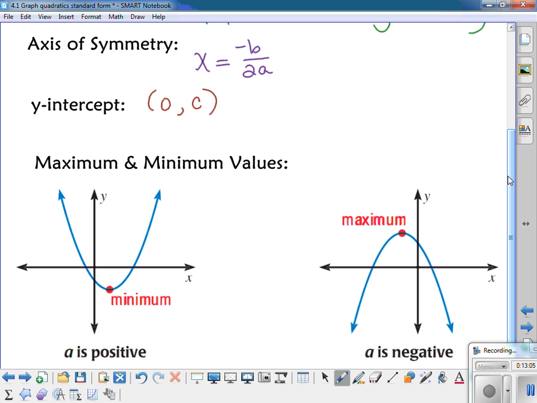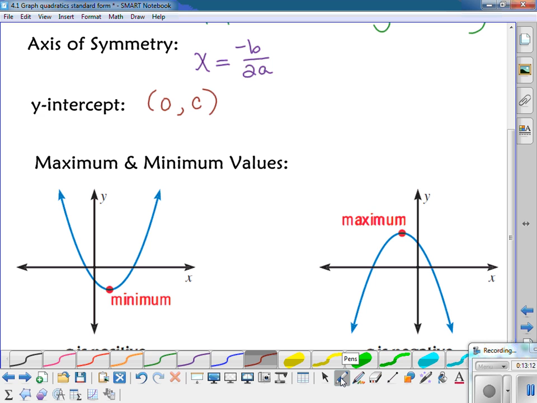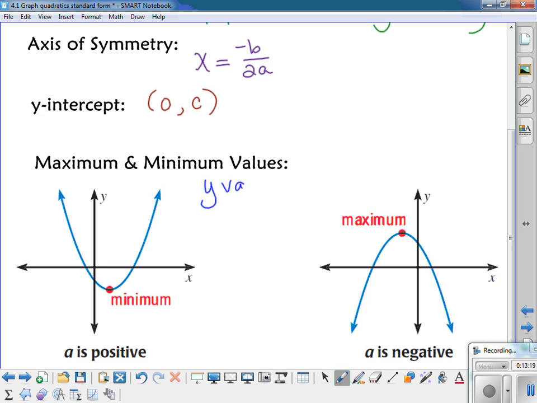And if a is negative, we have a maximum value at the vertex. So when we're talking about our maximum or minimum values, we are talking about the y value at the vertex. It's related to the orientation. You have to think about which way it's oriented before you decide if it's a minimum or a maximum.